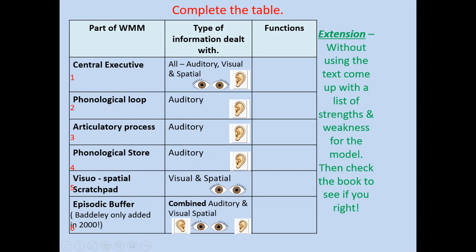Okay, so if you have not got everything down as you want to yet, you want to maybe cover the functions a little bit more, then this table can be really quite useful to you.